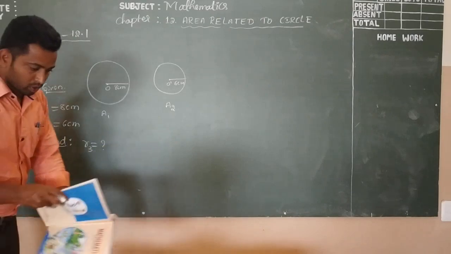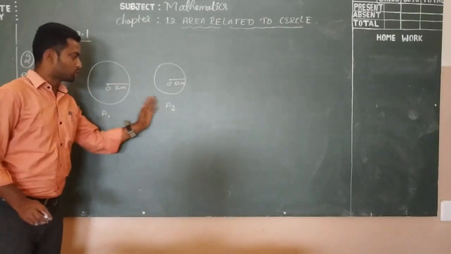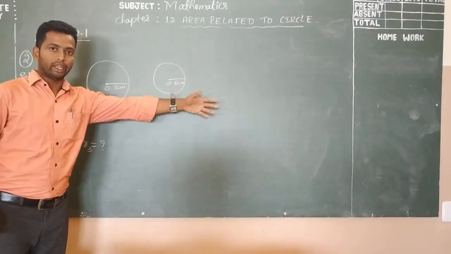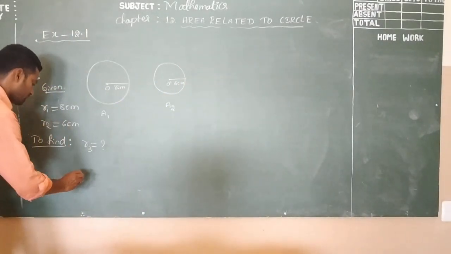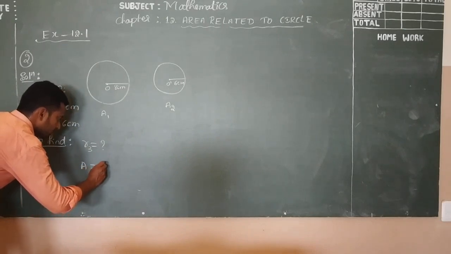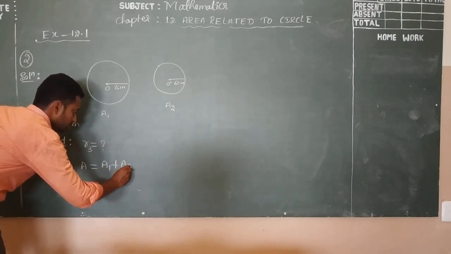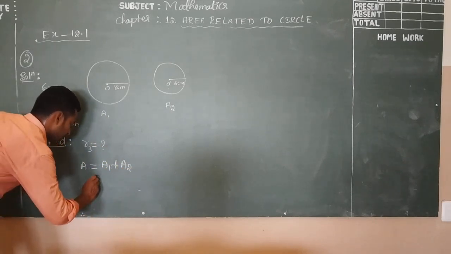In the question it is given that the sum of these two areas is equal to the area of the unknown circle or third circle. So the area of the third circle equals A1 plus A2, the sum of the areas of two circles.